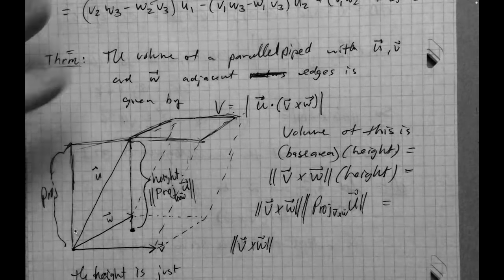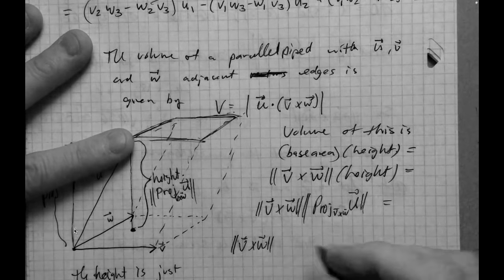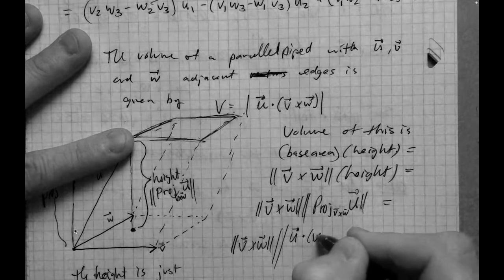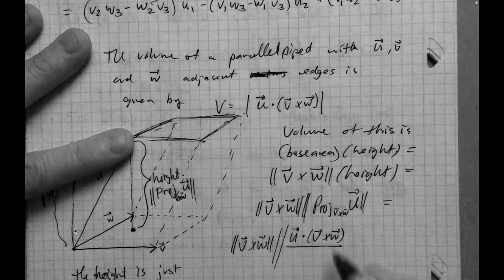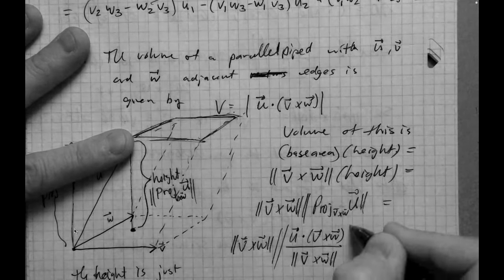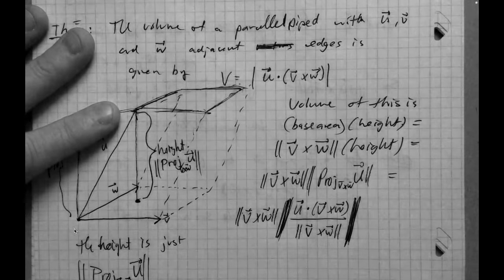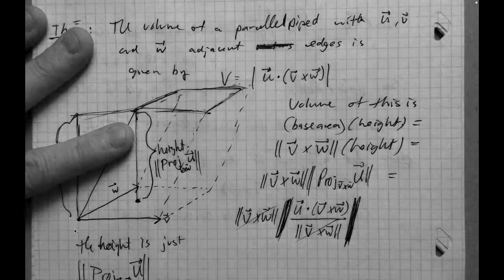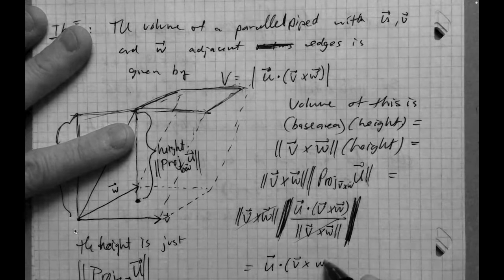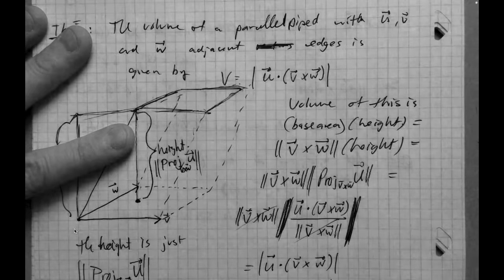If you look back, you'll see there's a nice way to calculate the projection of u onto v cross w, and it is the absolute value of u dot v cross w divided by the norm of v cross w. Sorry, that's an absolute value because that's a scalar. Apologies. Now, obviously you get some cancellation, and so you get the absolute value of u dot v cross w equals the volume. Okay.